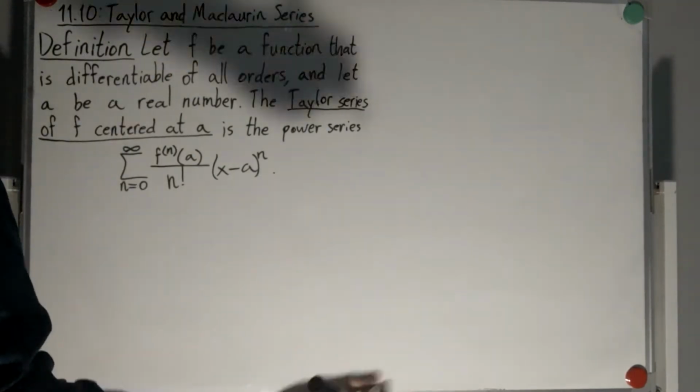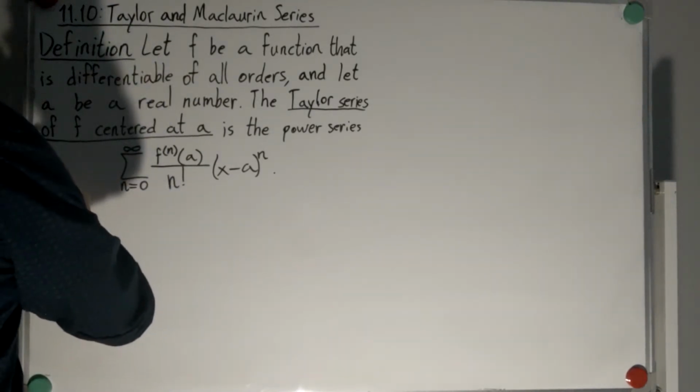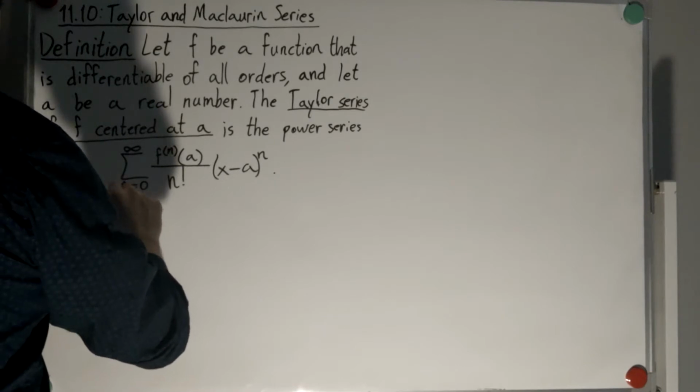And for some reason, when a is 0, this has a special name. I don't exactly know why. In that case, it's called the Maclaurin series.